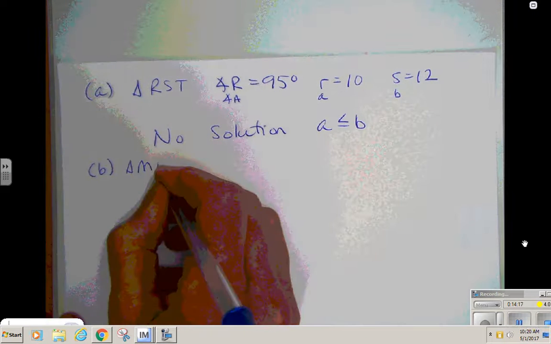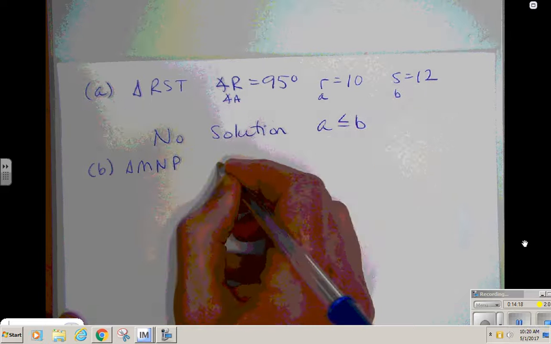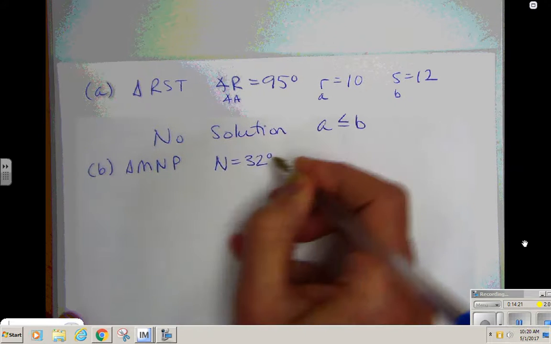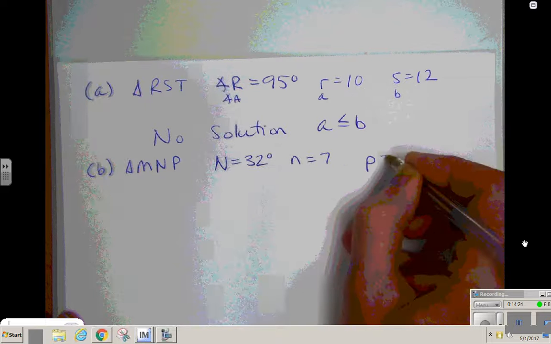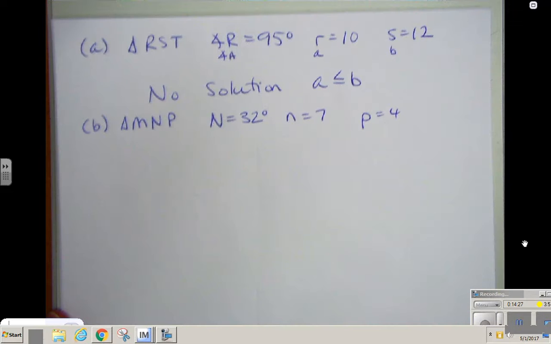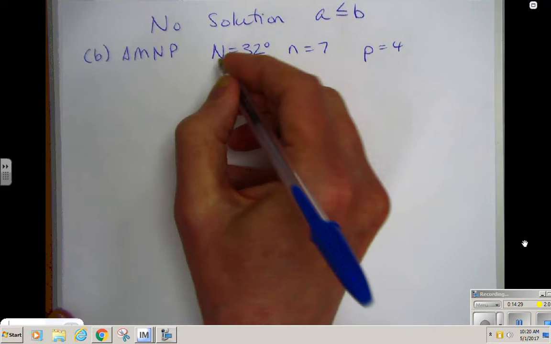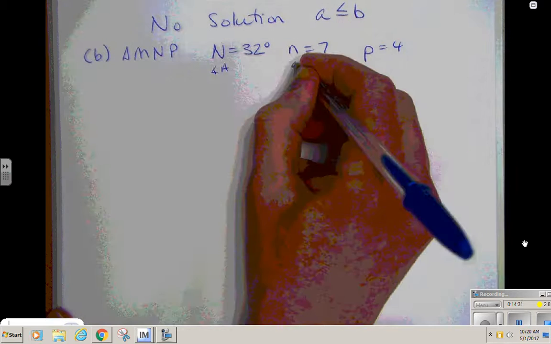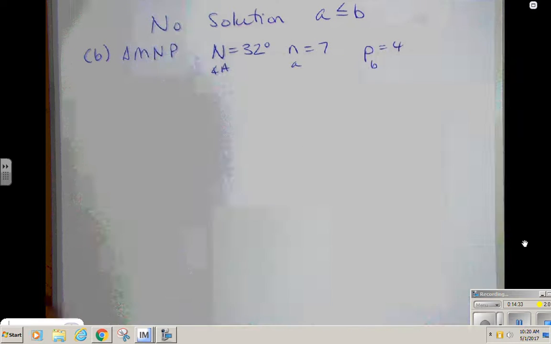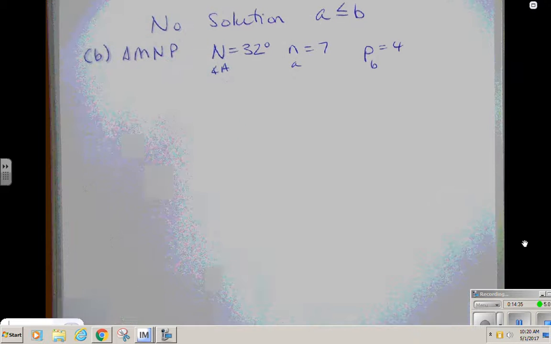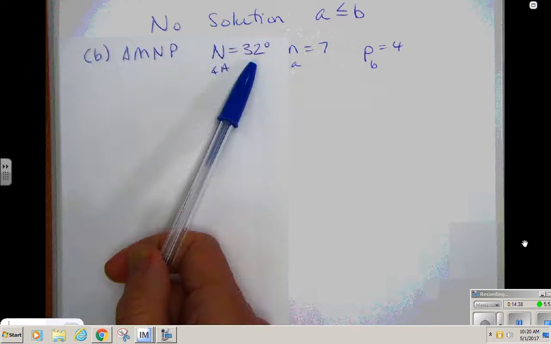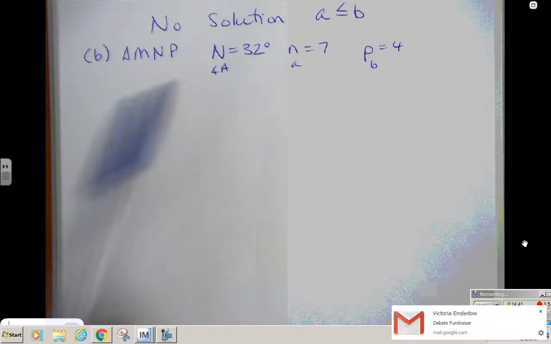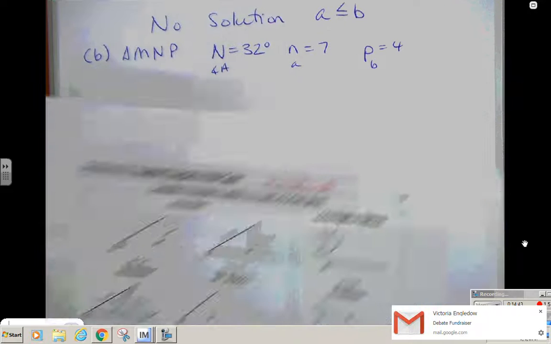Triangle MNP. N is 32 degrees. Side N is 7, and side P is 4. So angle N and side N are like your angle A and side A, and then the last side is B. This angle is acute, so I have 4 possibilities to pick from.